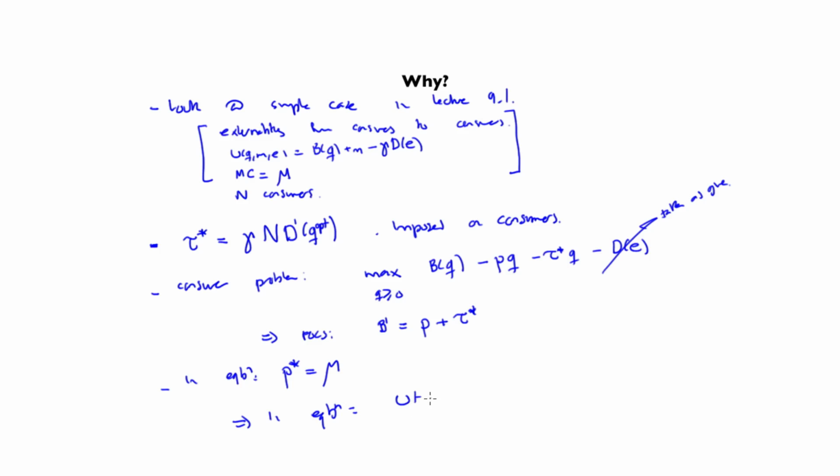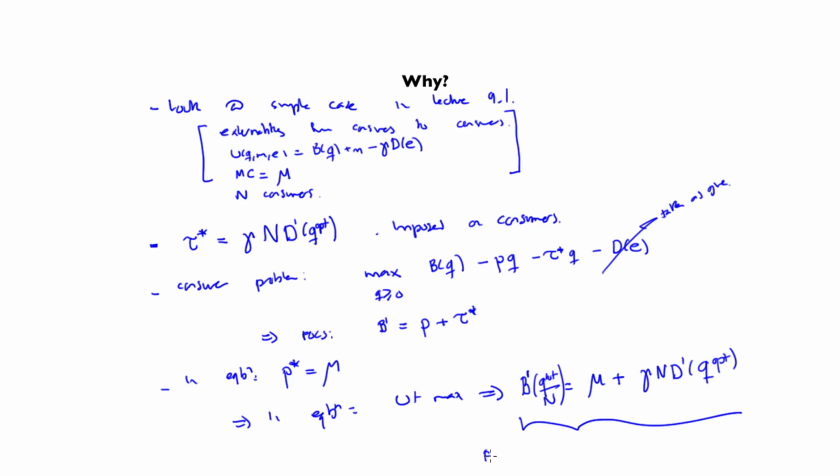So this implies that in equilibrium, utility maximization implies that for every consumer B prime equals mu plus tau star. But notice what tau star is: gamma N D prime of Q optimum. And notice also, just to be precise, that in equilibrium everybody consumes the same amount, so this is B prime of Q total divided by N. Now, notice that this is exactly the optimality condition.